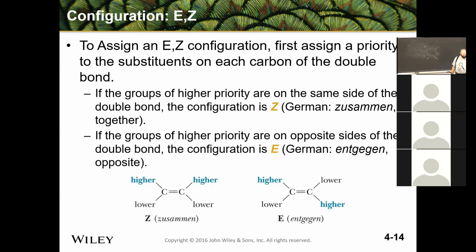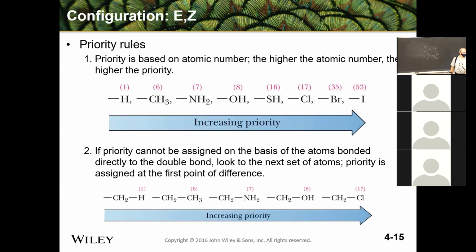So what we do is we prioritize these groups based on atomic number. We'll compare these 2 groups over here, bromine and chlorine. Bromine is atomic number 35, chlorine is 17.